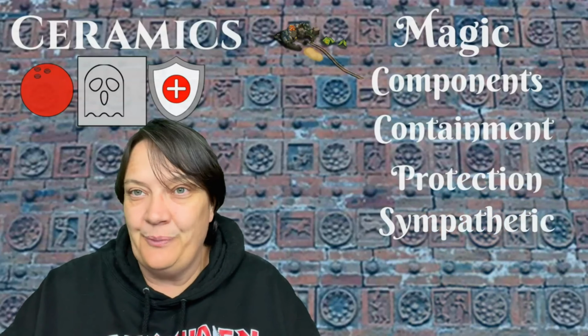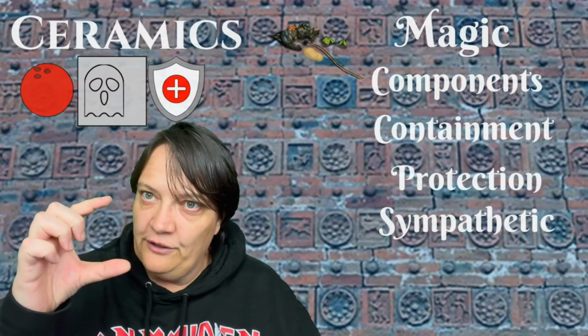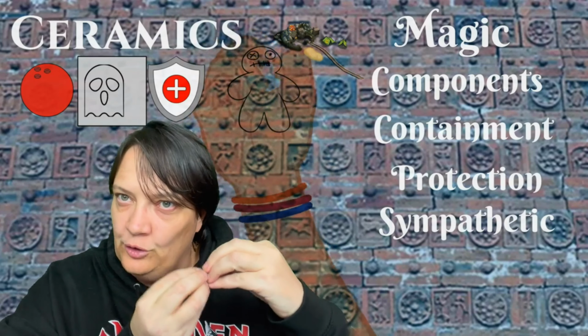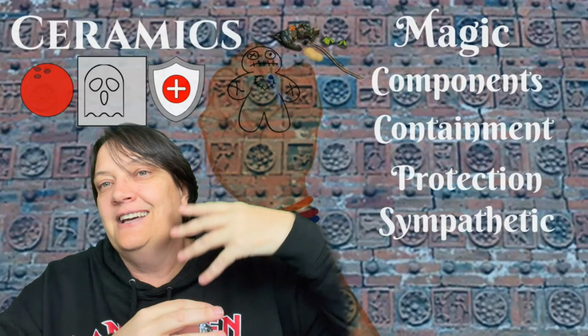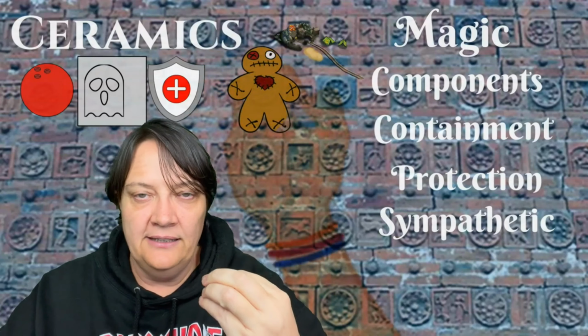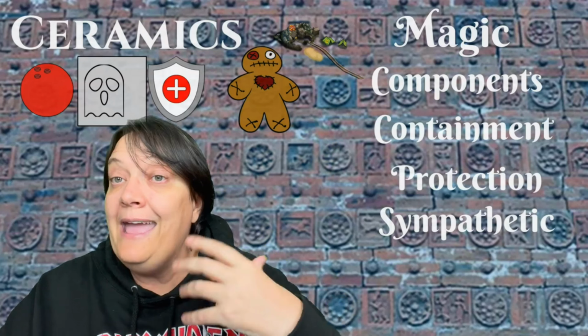That would be a pretty spectacular piece of magic. Or you could make little dolls of people and, as below, so above. So you affect the doll with magic and that affects the thing that you've made. Especially given how versatile clay is, you could make a sympathetic symbol of anything.